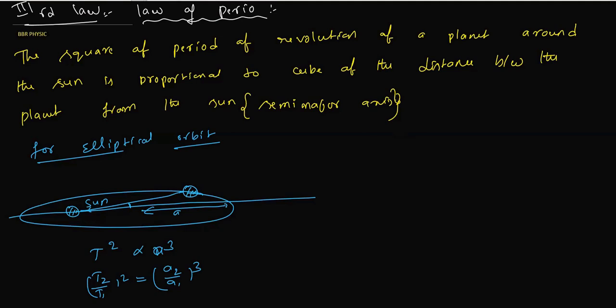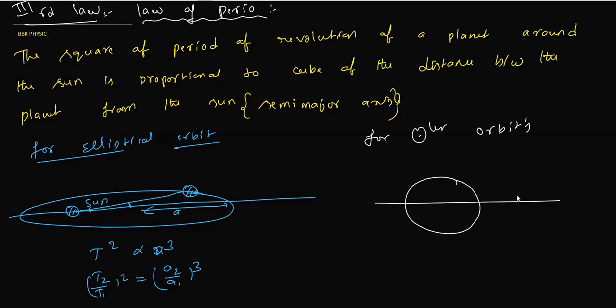For example, if you are solving for circular orbits, we'll get a circle like this, with the mass of the sun here. Surrounded by that, the planet will be there, moving with tangential velocity v.